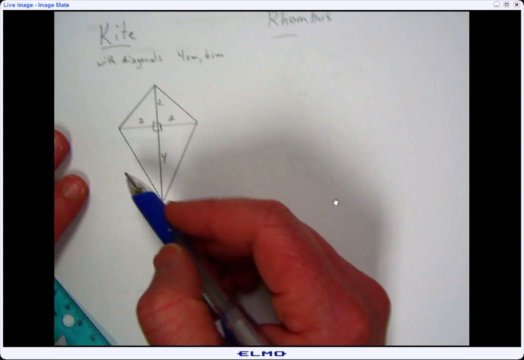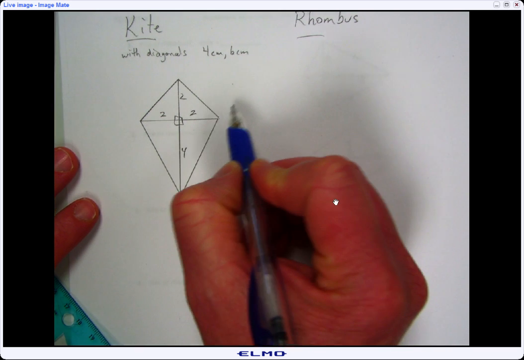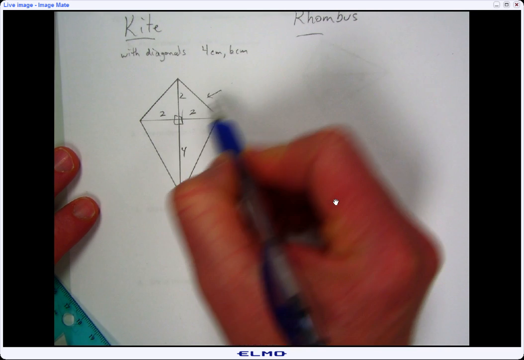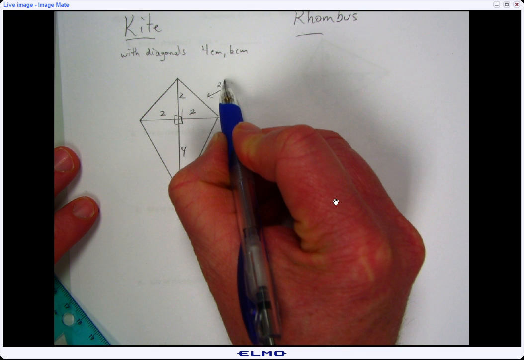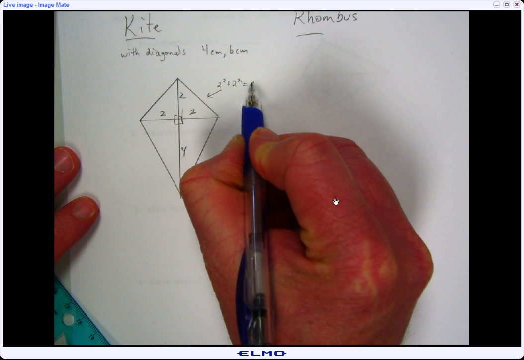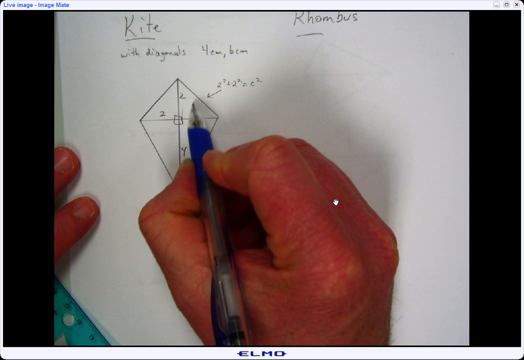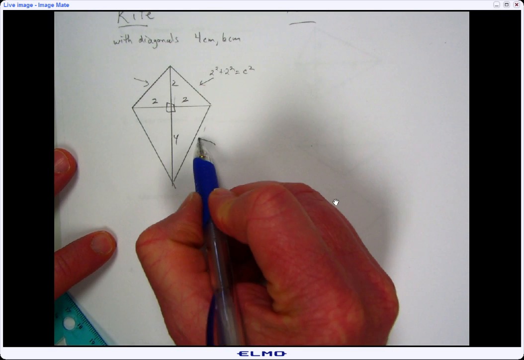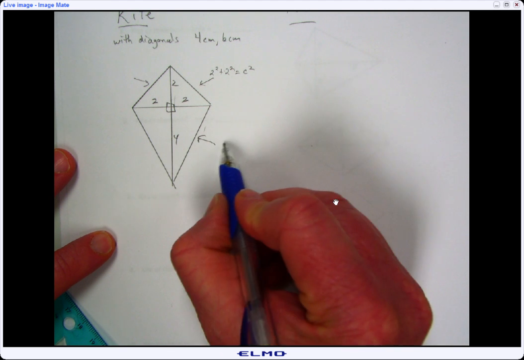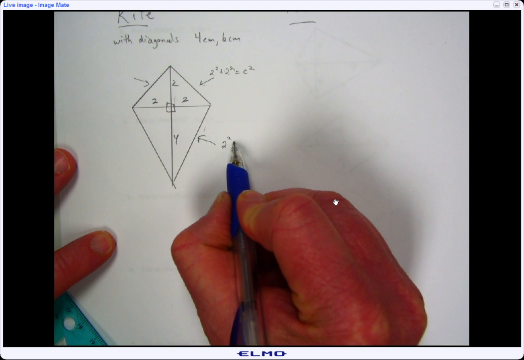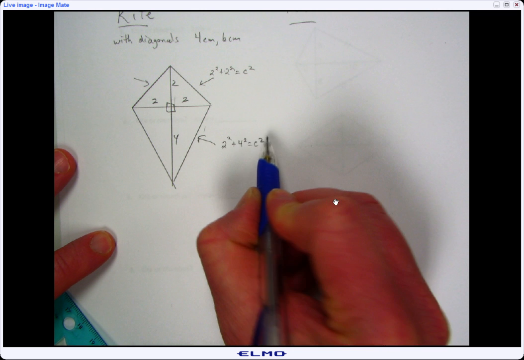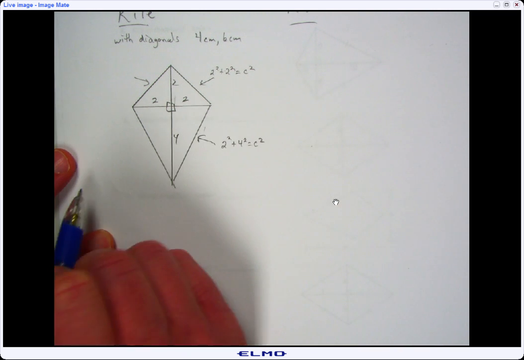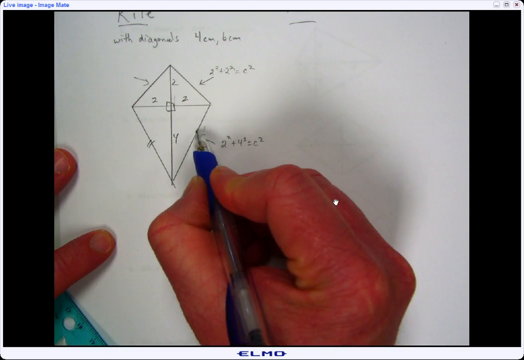And if you want to find the length of this side here, you can use your right triangles: a squared plus b squared equals c squared. Same with this one. These are the same. Down here would be 2 squared plus 4 squared equals c squared, and you can find the length. And these two are the same. So you know you have a kite because we have congruence here.